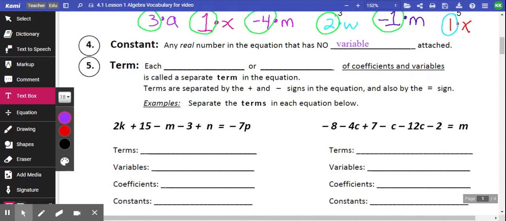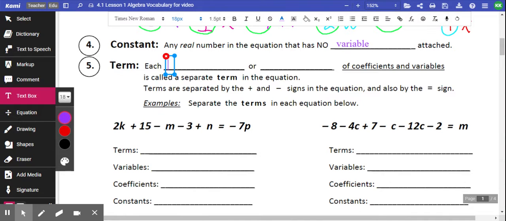Number 5 is term. Terms are like math words, but instead of being separated by spaces, they're separated by the plus or the minus or the equal sign.